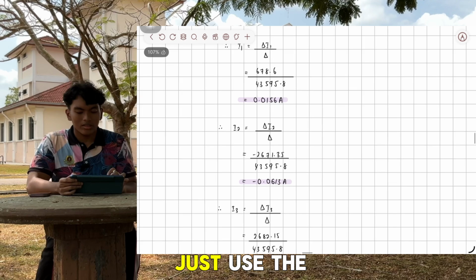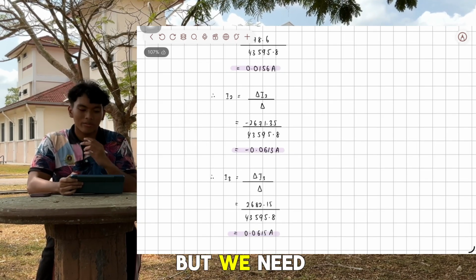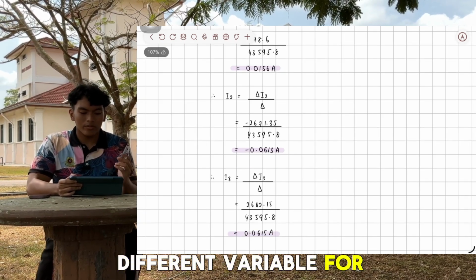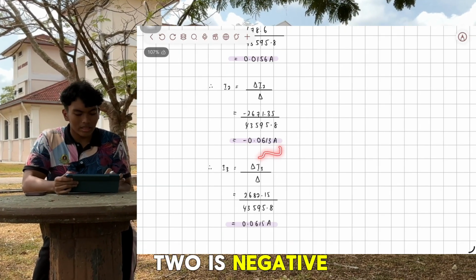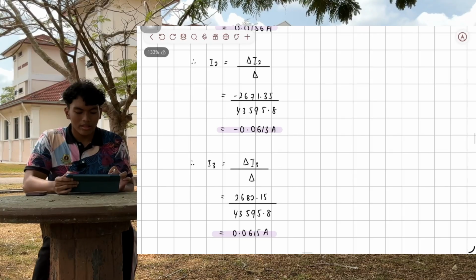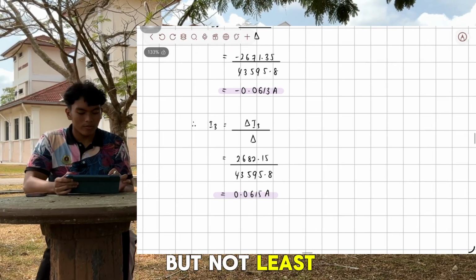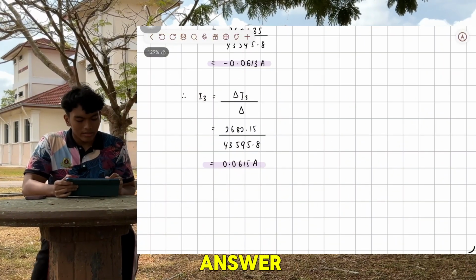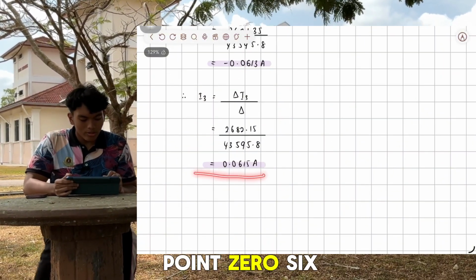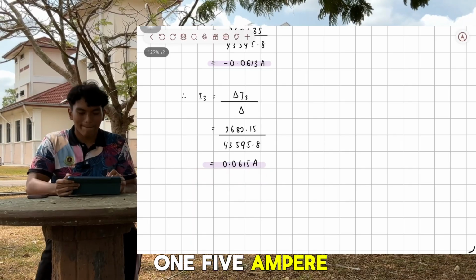For I2, just use the same formula, but with a different determinant. And here, the answer for I2 is negative 0.0613 ampere. And last but not least, for I3, I got the answer which is 0.0615 ampere.